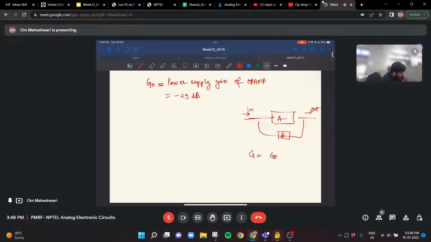So the new gain G with feedback becomes G naught upon 1 plus AB. If A was the open loop gain and B is the feedback gain, then G is G naught times 1 upon 1 plus AB, right? The same will be done here also. If G naught was the power supply gain earlier, A was the open loop gain. So here also A is the open loop gain, and the feedback gain beta will be 1 plus R2 by R1.